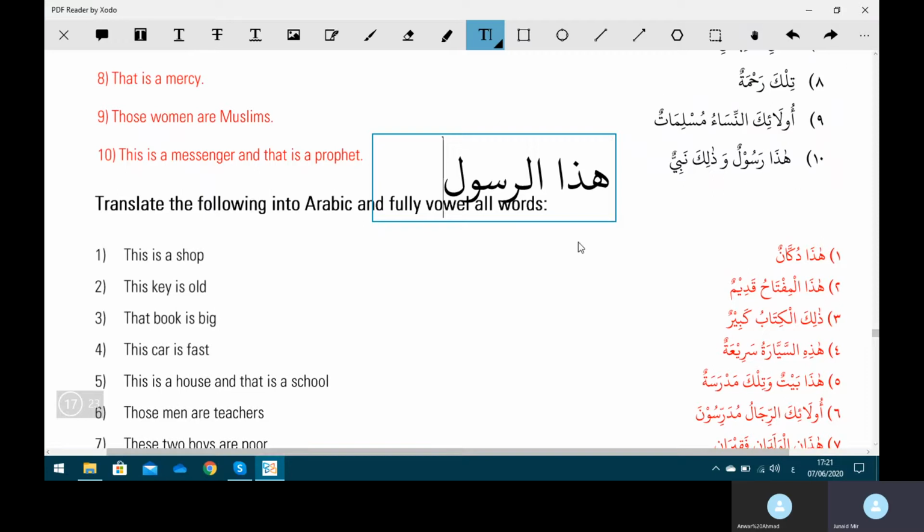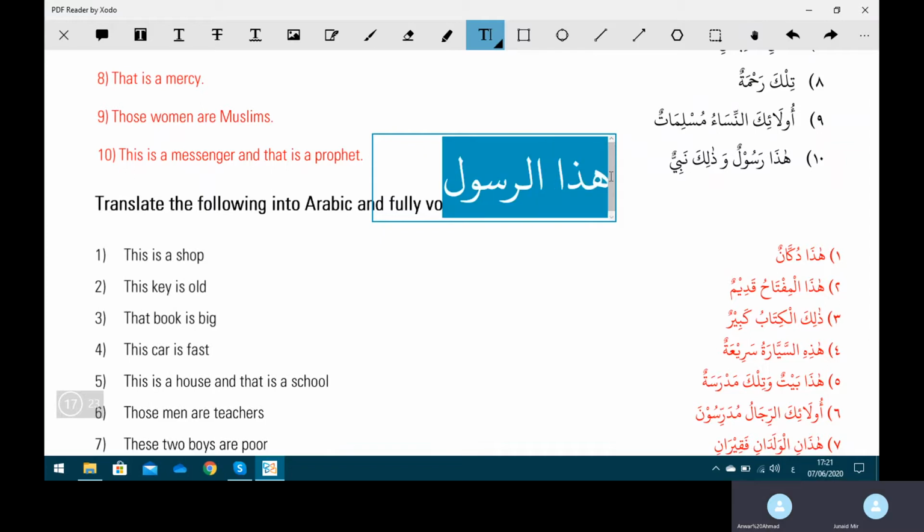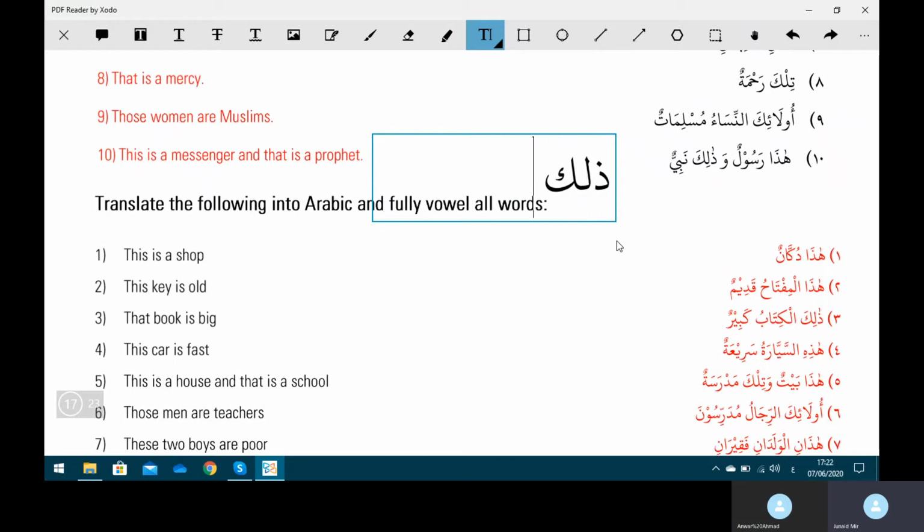This doesn't have alif lam, whereas this has an alif lam. Because of the alif lam it becomes a fragment, exactly, yes. So that means this messenger. And if I said ذَلِكَ النَّبِيُّ, that's also a fragment. That would mean that prophet, not that is a prophet.